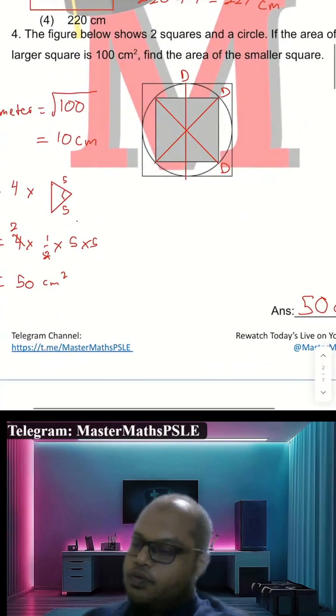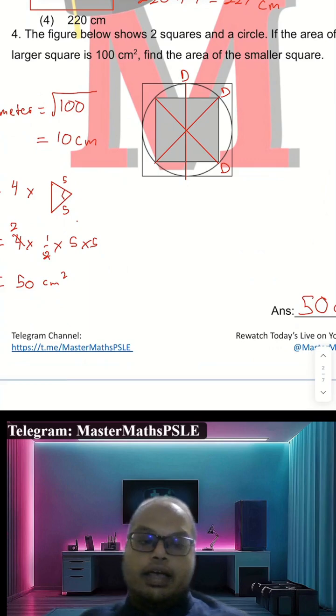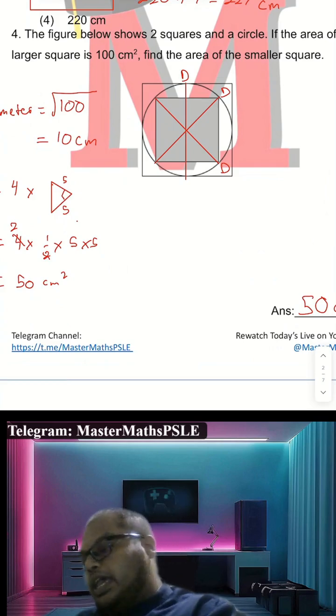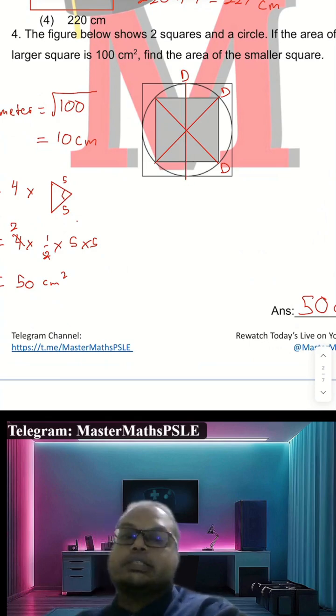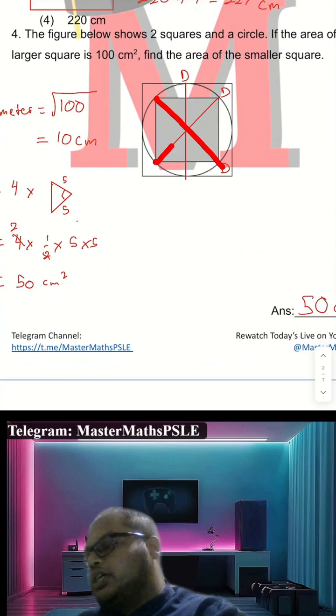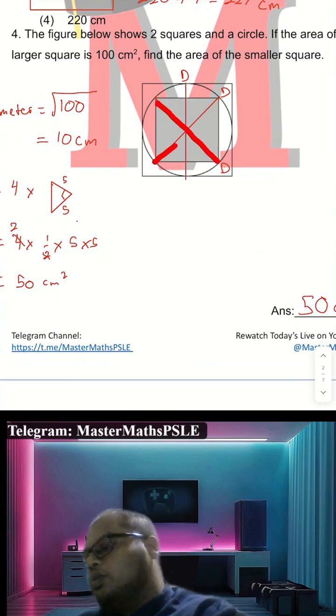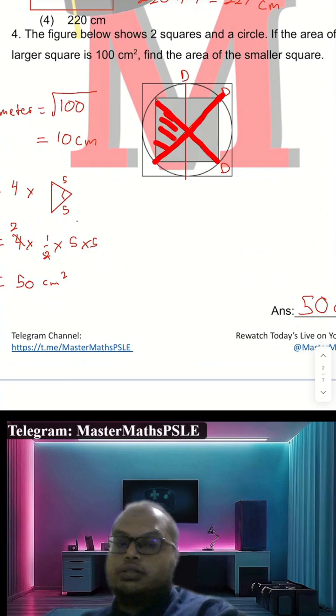Okay, question 4. To find the smallest square. The side of the square is the diameter, right? So the diagonals are also the diameter. So when I cut it into 4, the square is made up of 4 of this triangle.